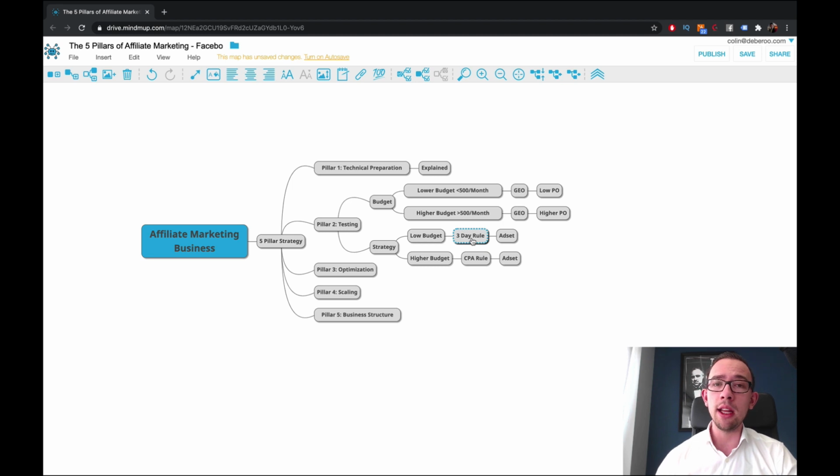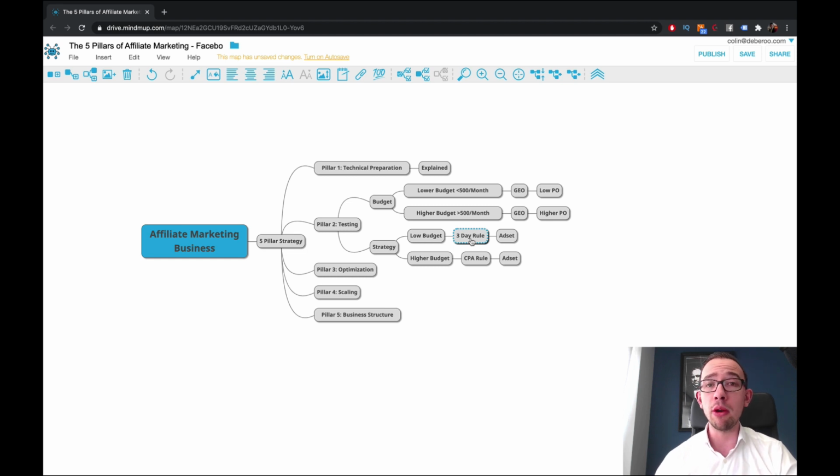So that ad set needs to do $45 worth in revenue. If not, it's losing money and we kill the placement. If it has more than therefore 9 conversions, which is $45, we scale it or we keep it going and take profit. This is how we test very quickly and very efficiently.